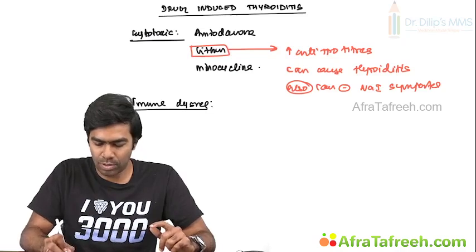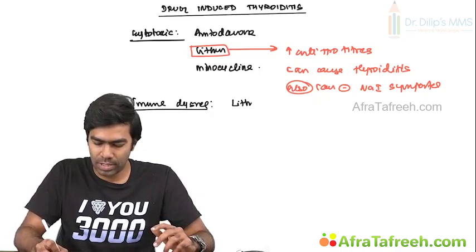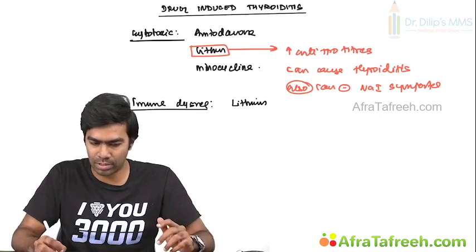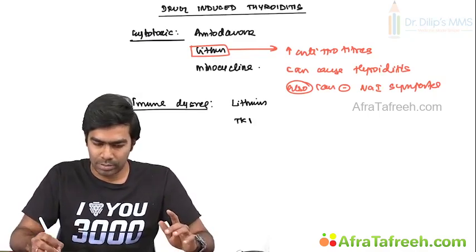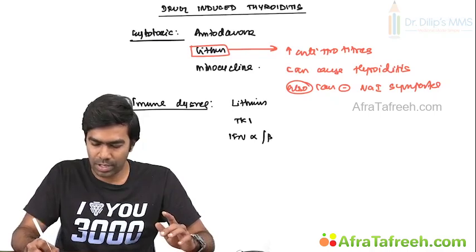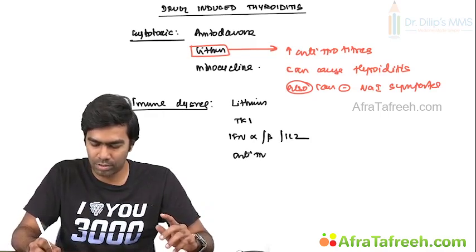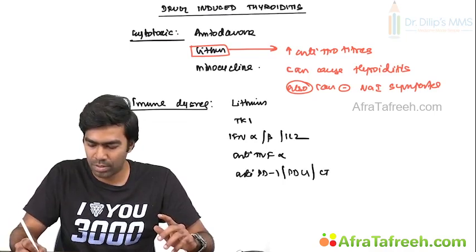There are certain drugs that produce thyroiditis and hypothyroidism by immune dysregulation. What are they? Lithium, yes, I told you it can induce autoimmunity and cause immune dysregulation. Also TKIs, tyrosine kinase inhibitors, and interferon alpha or interferon beta, interleukin 2, all these drugs. Then anti-TNF drugs and your checkpoint inhibitors, anti-PD1, anti-PDL1, and anti-CTLA4 drugs like ipilimumab.